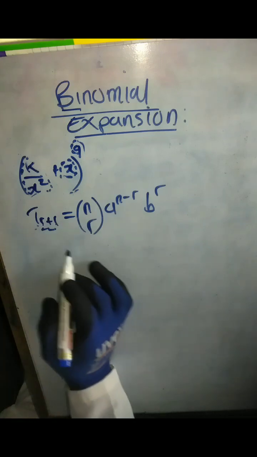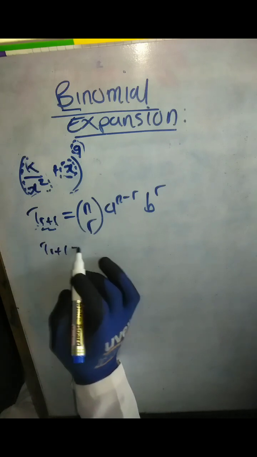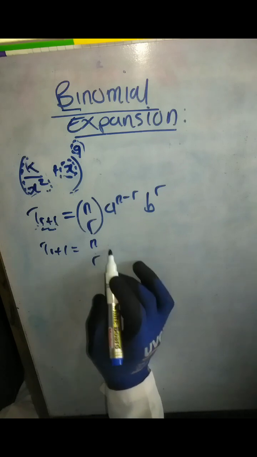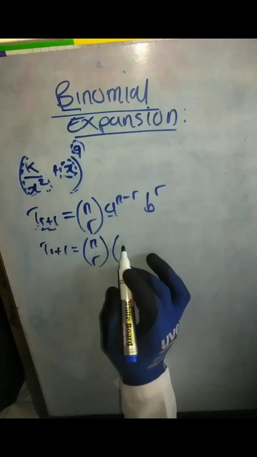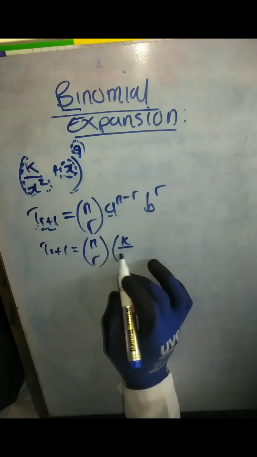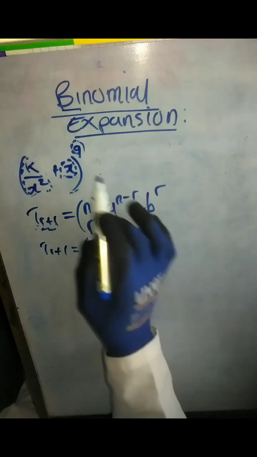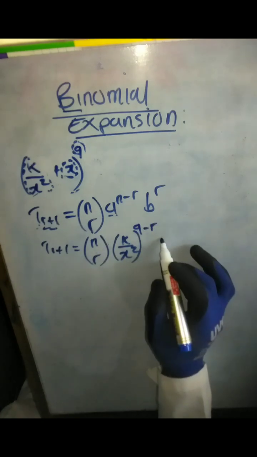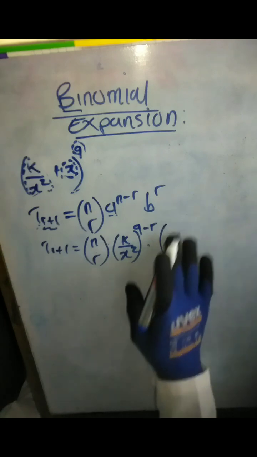So now let's expand. Say t sub r plus 1 equals, we need first to find the value of r. So say n combine r, then our a is k over x squared, everything to the power 9 minus r, we don't know what the value of r is, times our b, which is x, sorry.